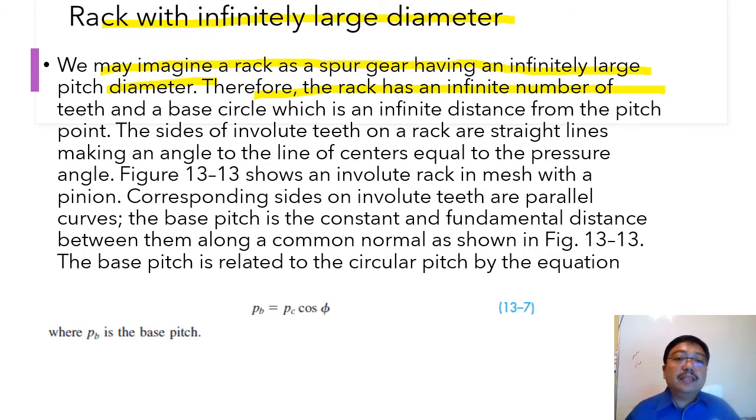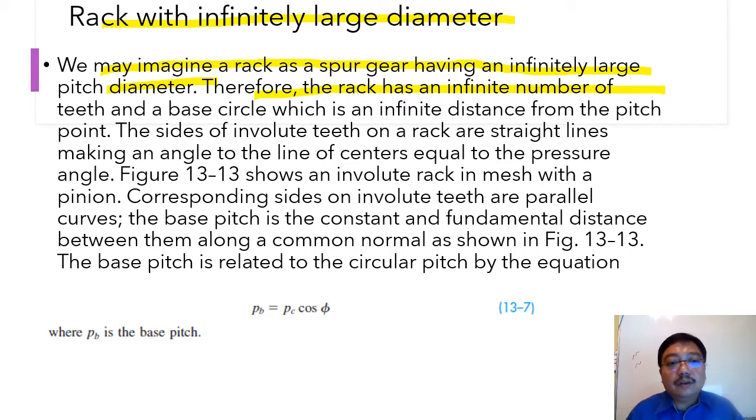So imagine a rack. In the next slide, you can see the rack. Imagine a rack with a large diameter, meaning that it is becoming flat like this. This is flat. This is what is meant by infinitely large diameter.